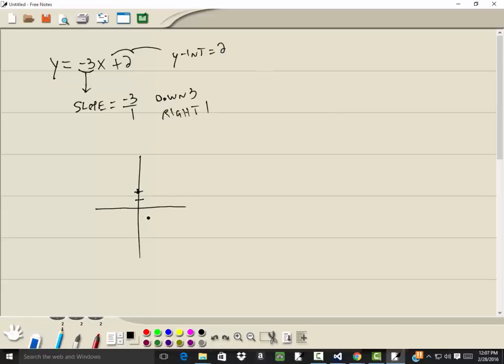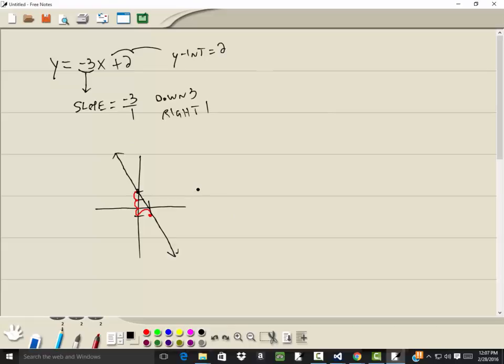From there, I go down 3 units, 1, 2, 3, and right 1 unit, and that's where I put my second point. Then once you get your second point, you draw a line through them, and that would be our graph.